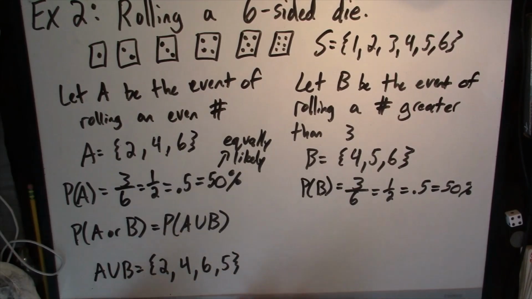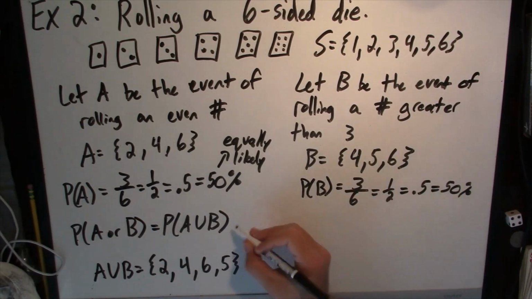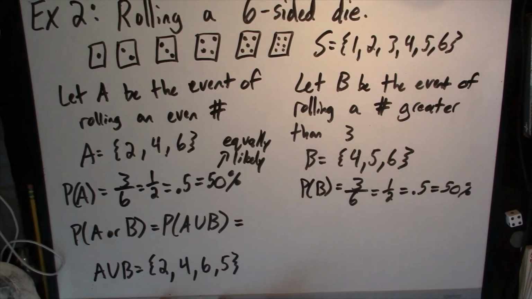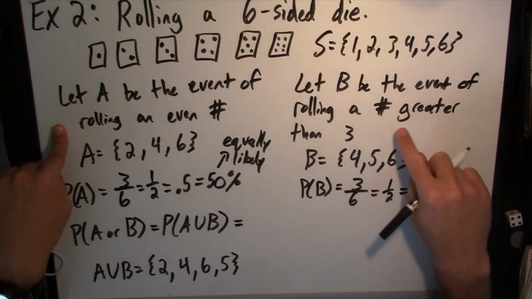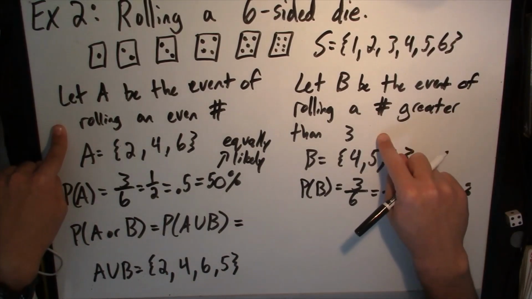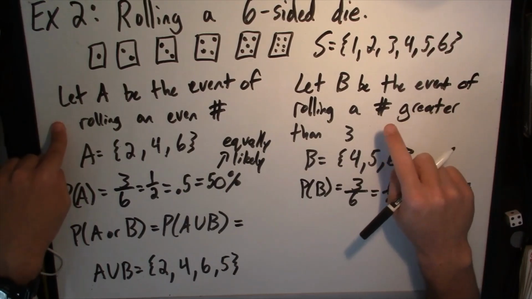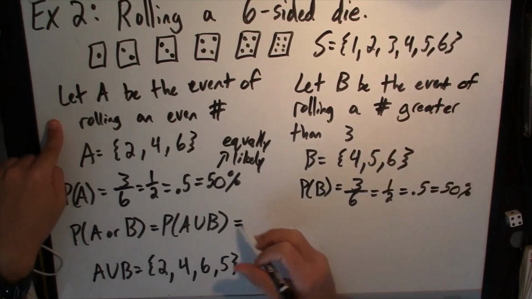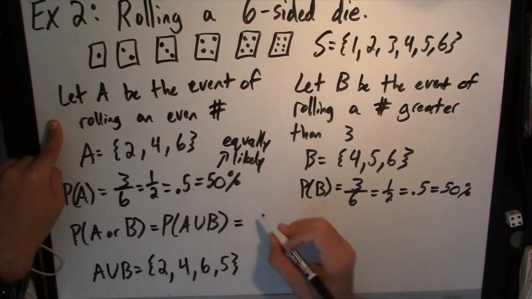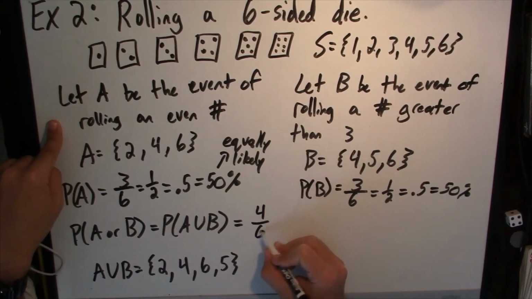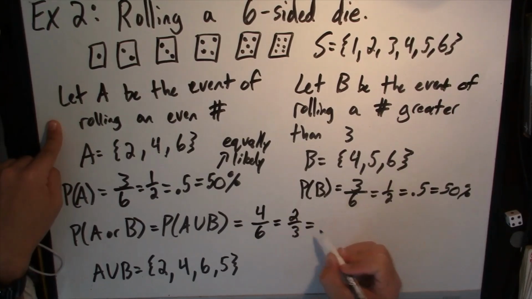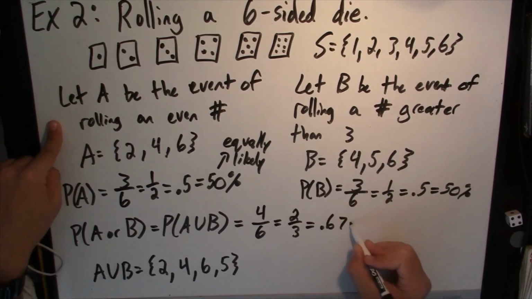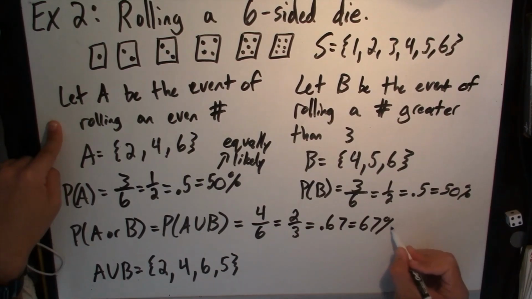The order does not matter. If you want to write it 5 and 6, that's fine. It means the exact same thing. So the probability of rolling an even number or rolling a number greater than 3, the probability of doing one of these two, there's 4 numbers out of 6 total, which simplifies to 2 over 3, which is about 0.67 or 67%.